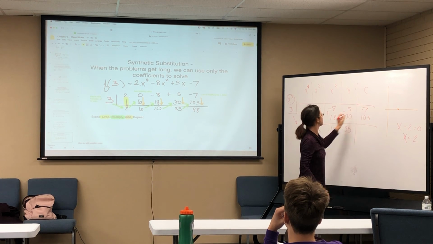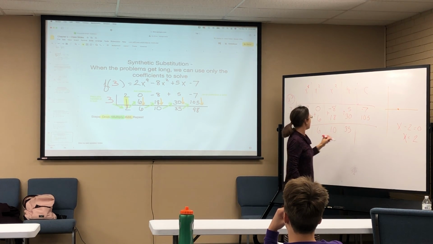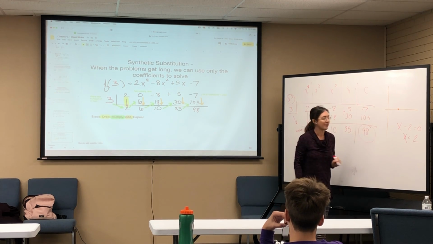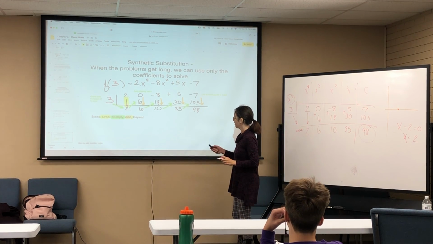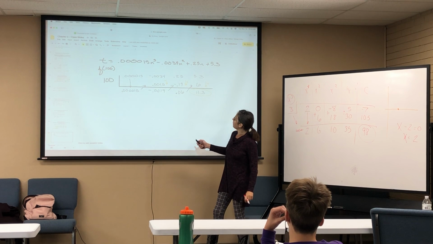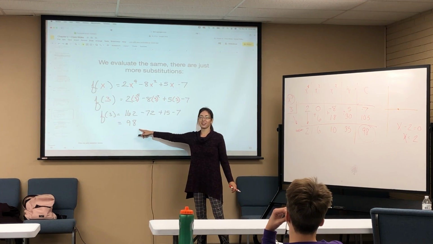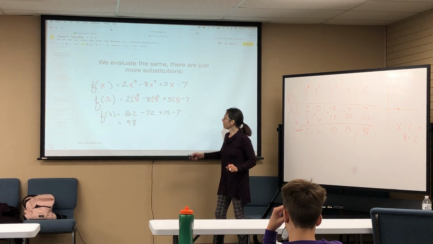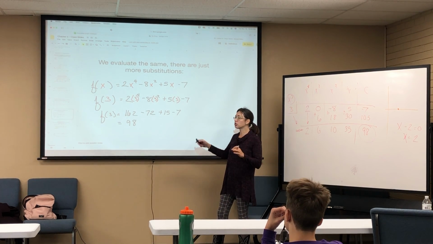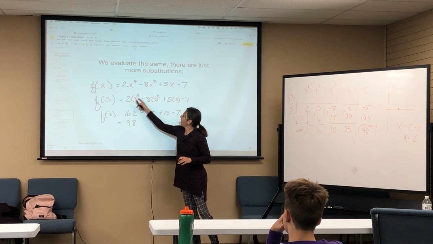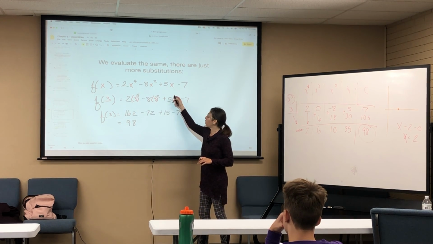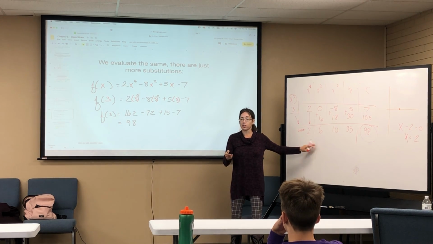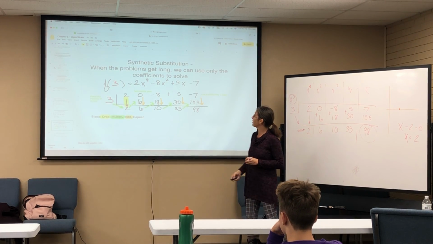Oh, that should be negative 7, right? And 105 minus 7 gives me 98. Okay, did I get the same answer? Did I get the same answer? 98. Okay? So we're able to take just the coefficients without actually multiplying out all of the variable portions and end up with the same solution using the synthetic substitution.